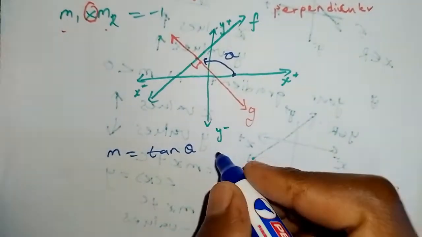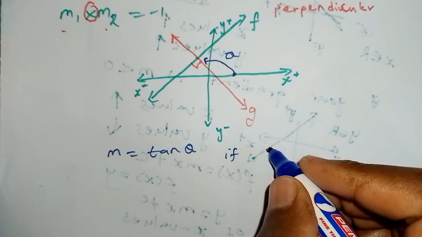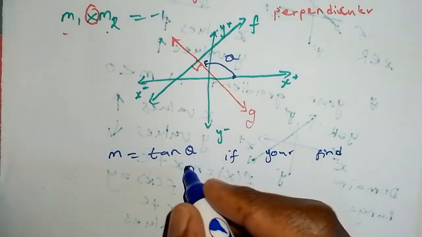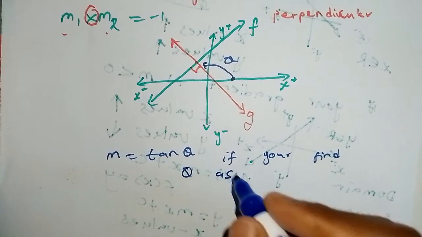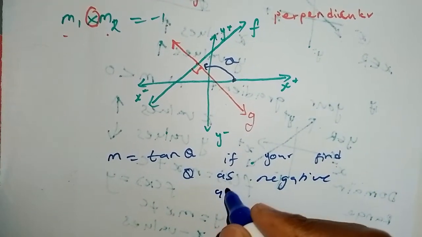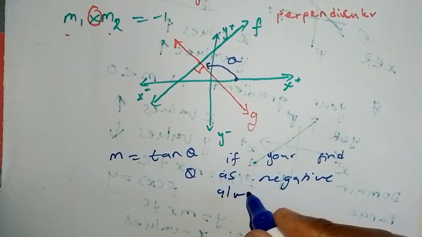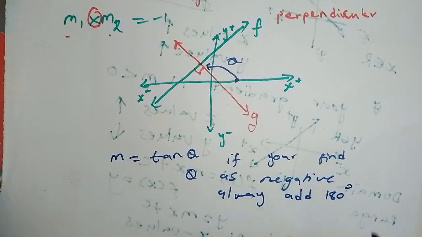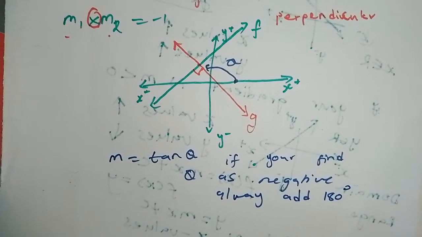And if you find your angle theta as negative, always add 180 degrees so that it becomes positive, right?